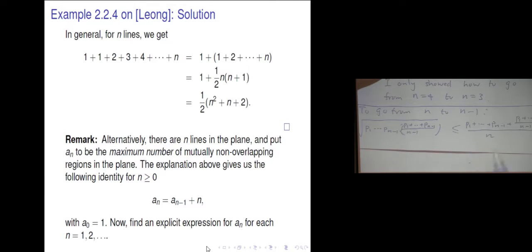And then you have to simplify. What we did is a concrete example, going from 4 to 3. But in general, you can go from n to n minus 1 using the same trick.